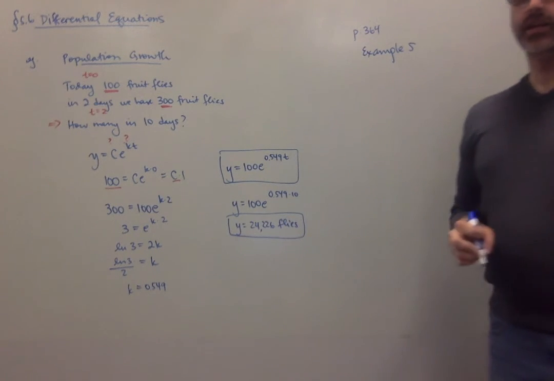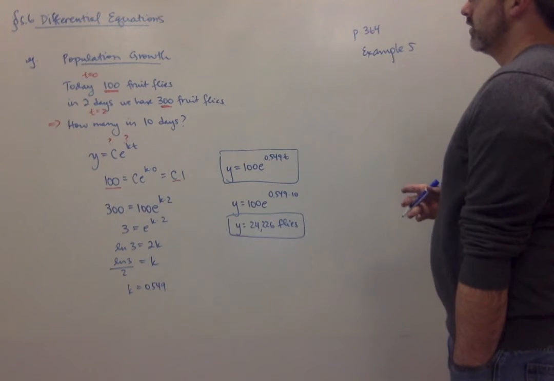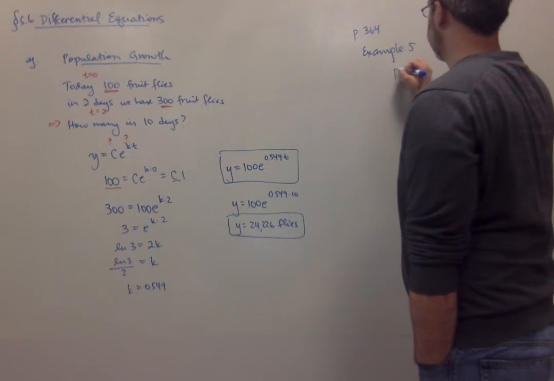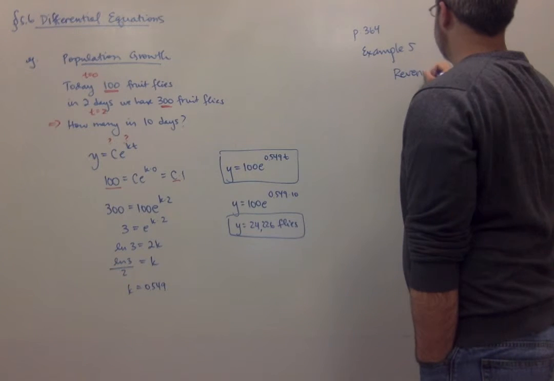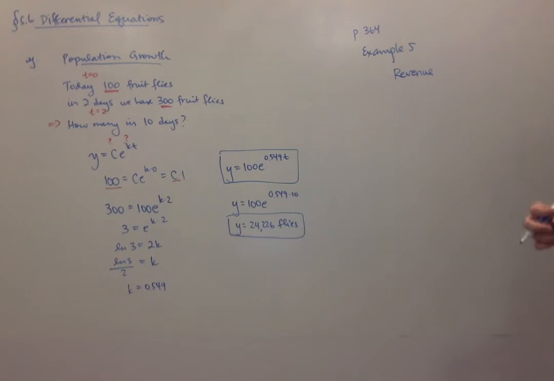But another thing that could be governed by an exponential growth or decay would be something like revenue or costs, profits that you make in business.